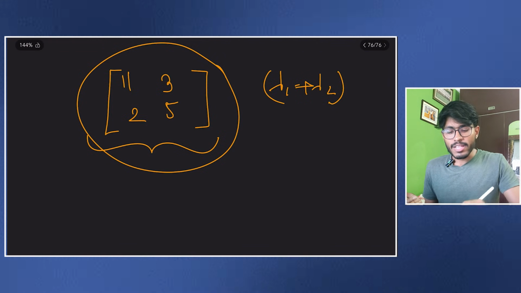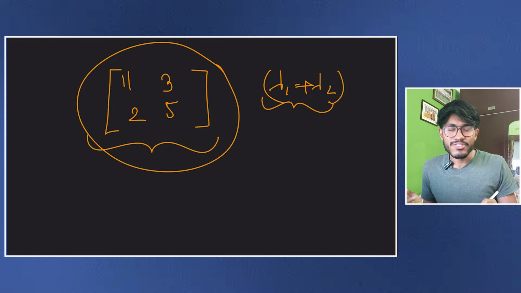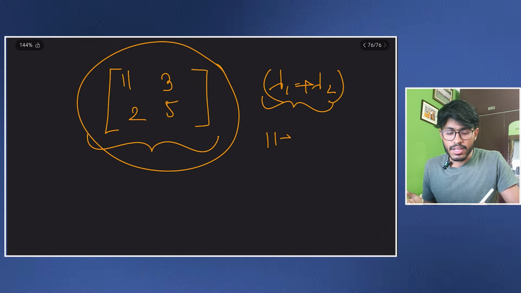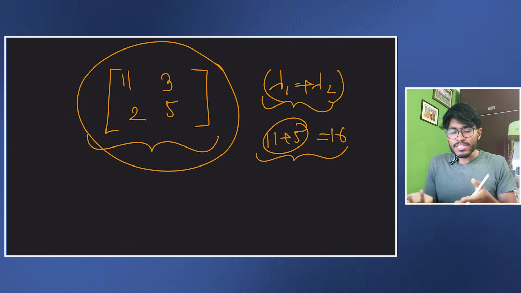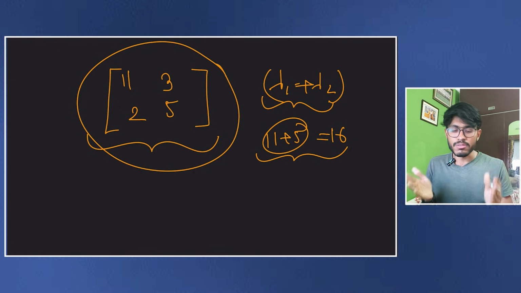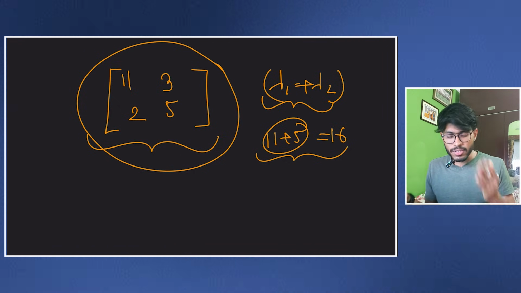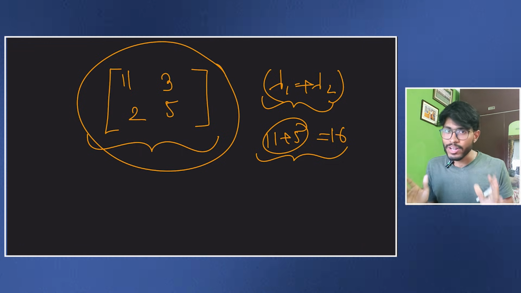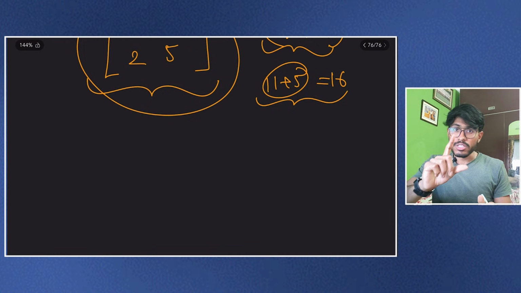You also know that the summation of the eigenvalues is nothing but the trace of the matrix. So the trace is 11 plus 5, that is 16. Here you just need to know these two fundamental concepts: the eigenvalues are the principal stresses, and the sum of the eigenvalues is the trace of the matrix.